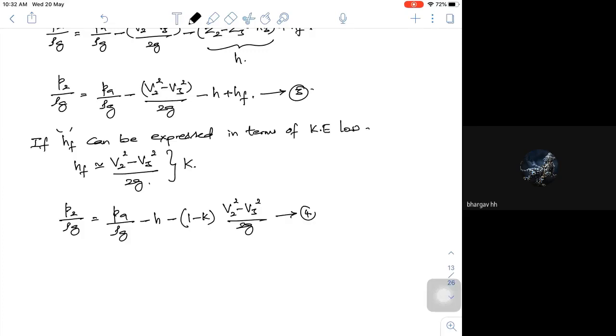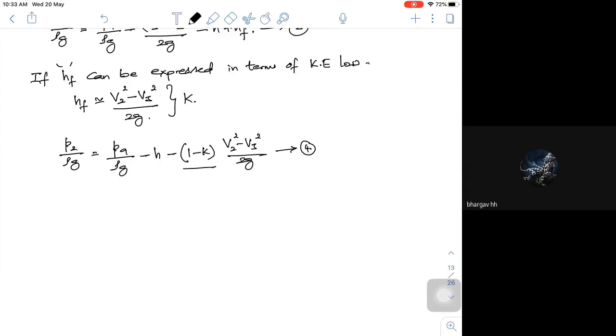Now, what is this actually? That is your draft tube efficiency. So 1 minus K, I can call that as your draft tube efficiency.